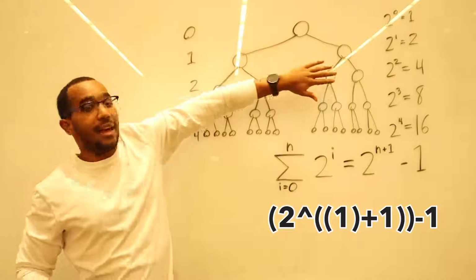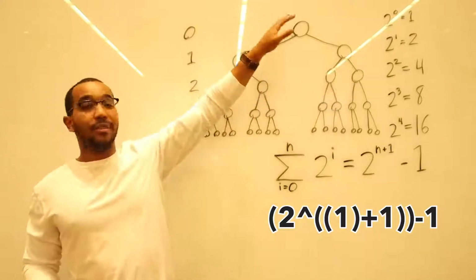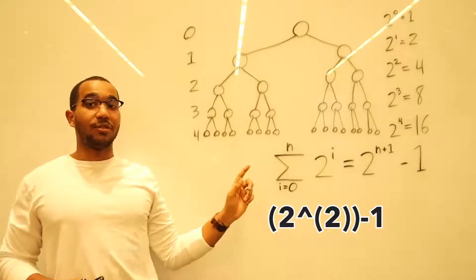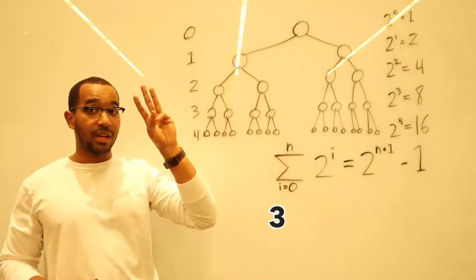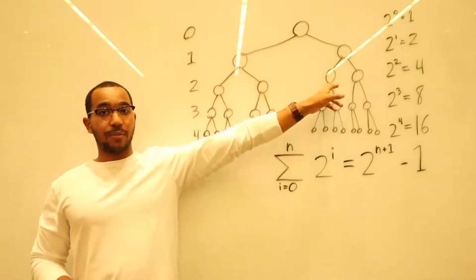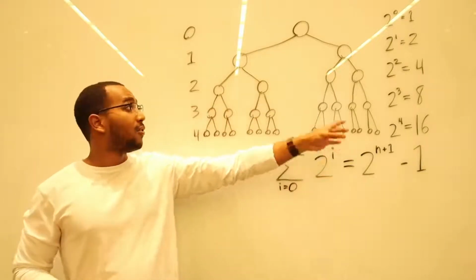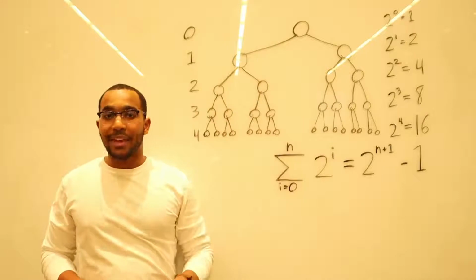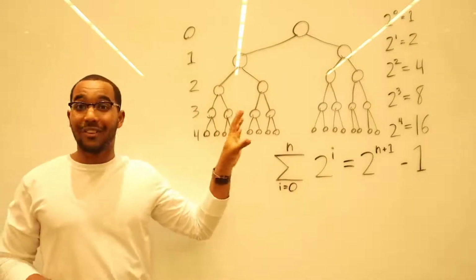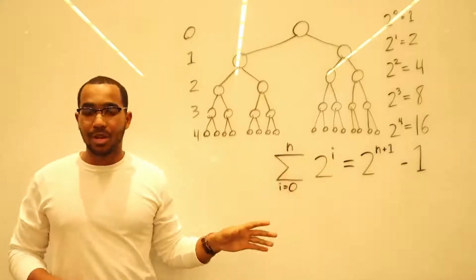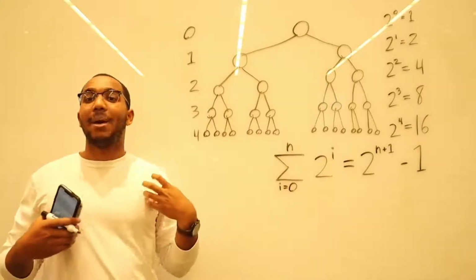We're going to have everything up to there. 1 plus 1 is 2. 2 to the 2 is 4. 4 minus 1 is 3. 3 nodes, 1, 2, 3. And if you keep generalizing this, you'll see this is actually true for this whole tree. If this tree is perfect, this is the exact amount of nodes that it can have at maximum.